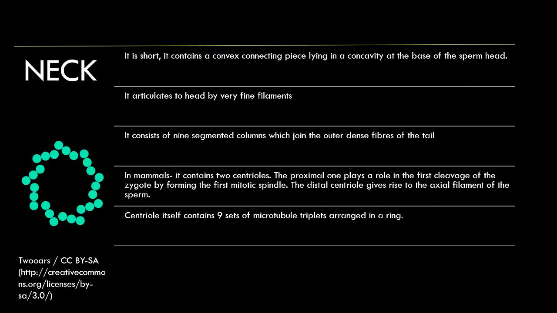So the zygote is formed and then the zygote starts to divide further, whereas the distal one gives rise to the tail of the sperm, the axoneme or the axial filament of the sperm. The centriole itself contains 9 sets of microtubule triplets arranged in a ring. So these are the microtubule triplets, 9 in number, arranged in a ring form.